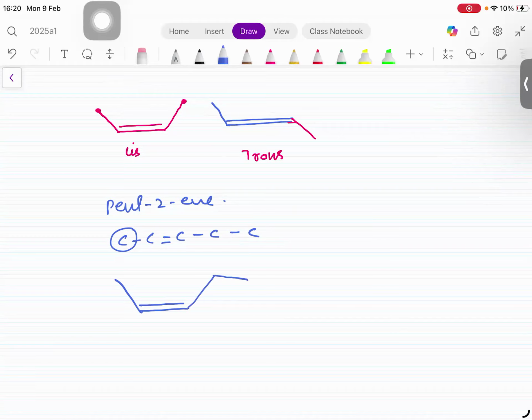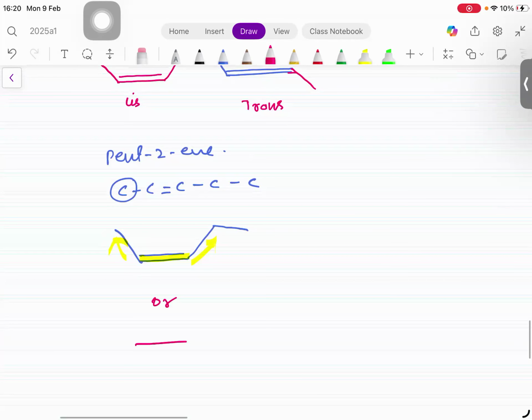Here, or you can draw it straight. But initially, once you look at the double bond, the two carbons are on the same side. This is the cis. Both ones can also go down. Exactly. Or this one, you can draw it like this. So these two are the cis isomers.